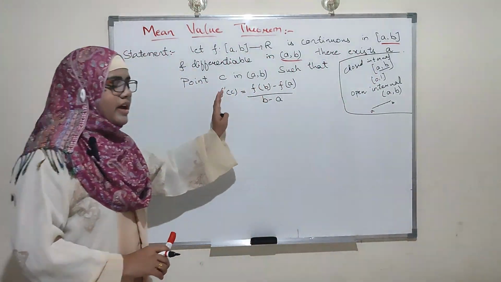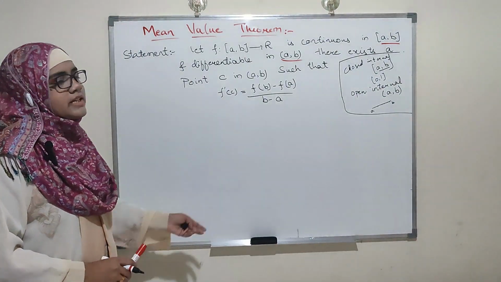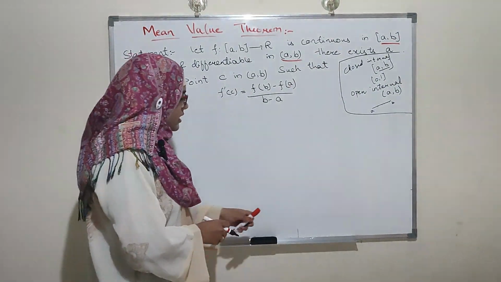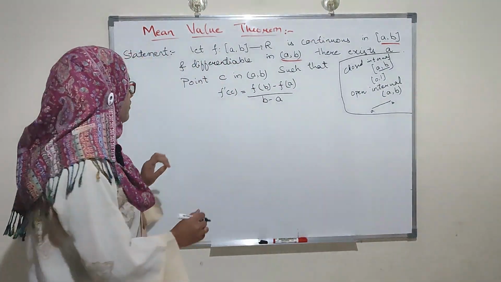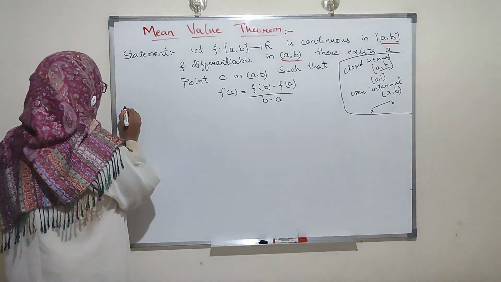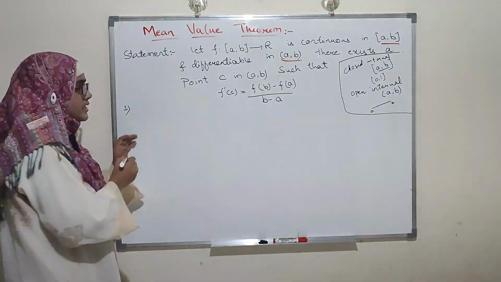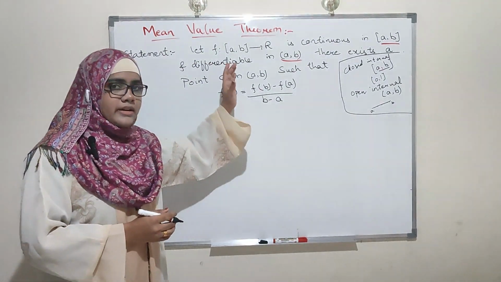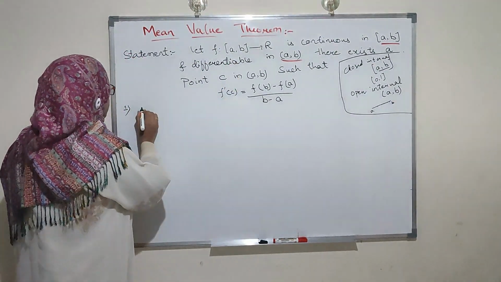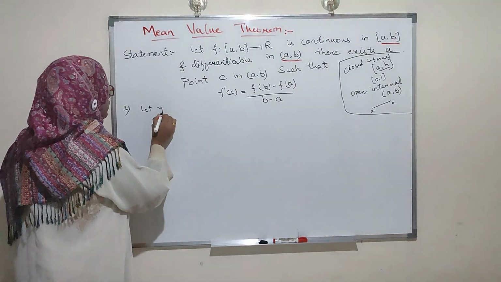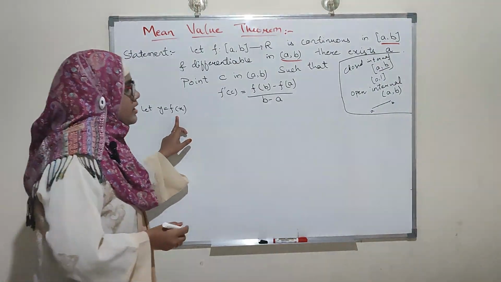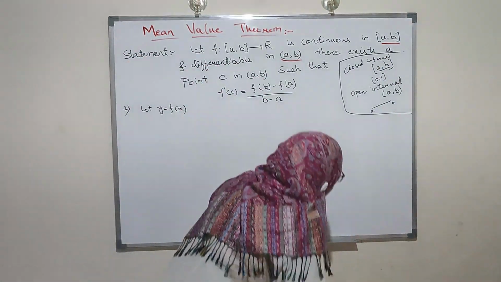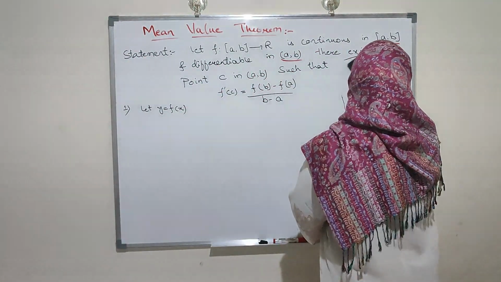Now we can understand this theorem by using the graph of y is equal to f of x. Write down the point: first consider the graph, let y is equal to f of x.